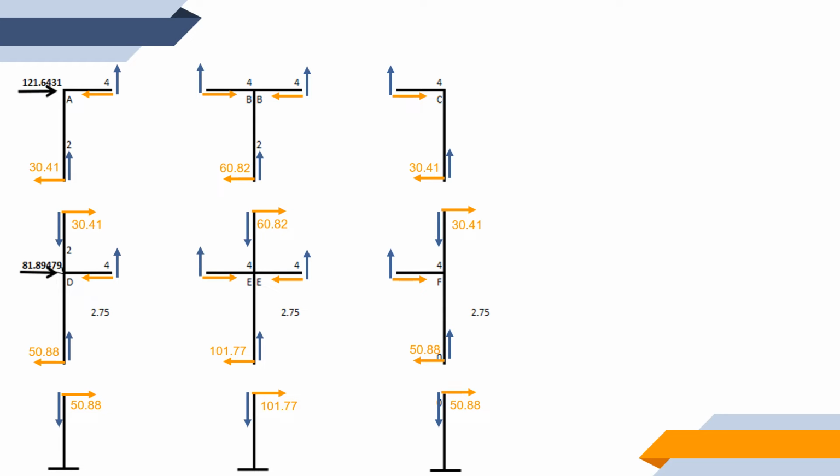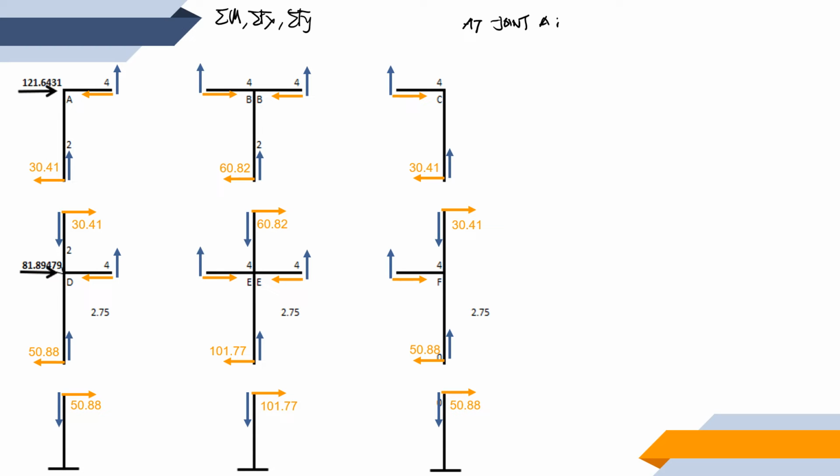So at joint A, we are going to put our focus at joint A. So the forces that we are going to solve are 1, 2, and 3. Okay, so I'm going to number them so that it would be easier for us to identify. So it's either we are going to sum up moments, sum forces along x, or sum forces along y, depending on what is applicable.